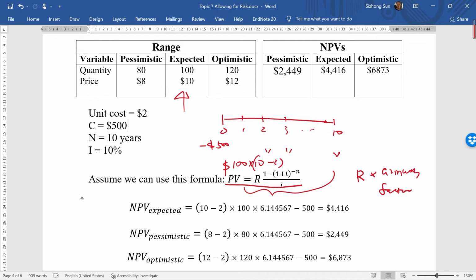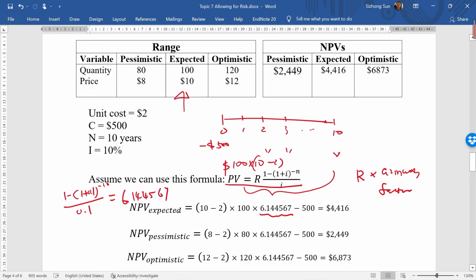The annuity factor we can calculate with i, which we are told is 10%, 0.1, and this is equal to 6.144567.